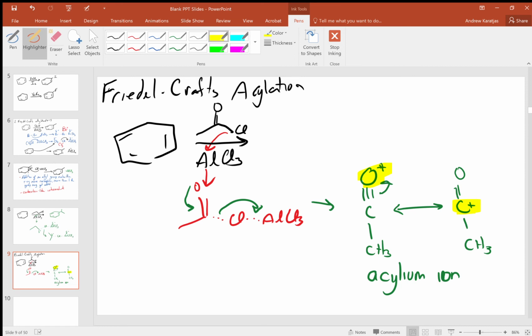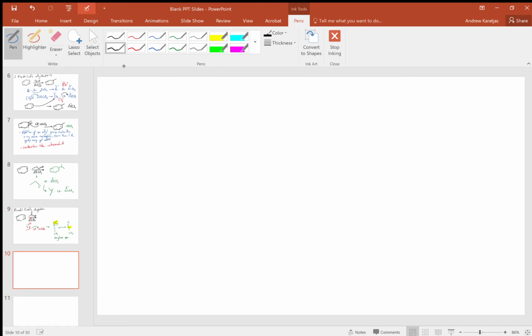So no matter how long our carbon chain is, we can get away with it in this reaction. It's not going to rearrange. So we've solved one problem. And we'll talk about the other problem after we work our way through the rest of the mechanism.